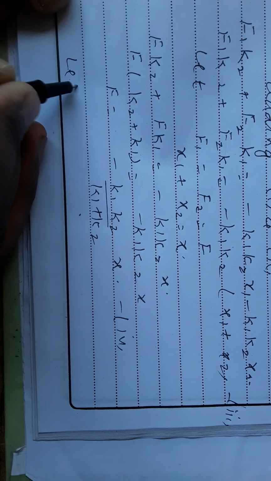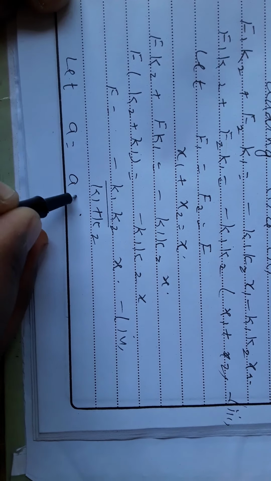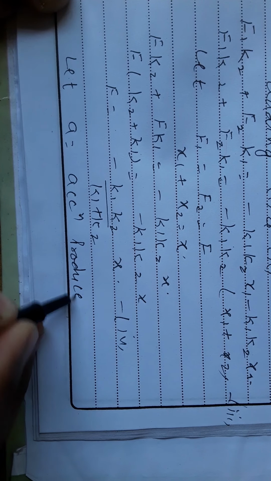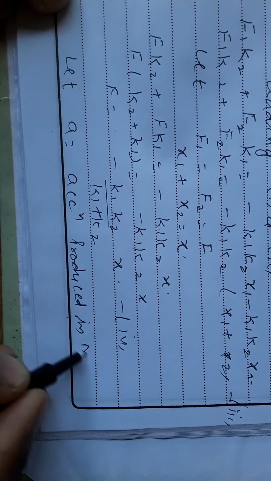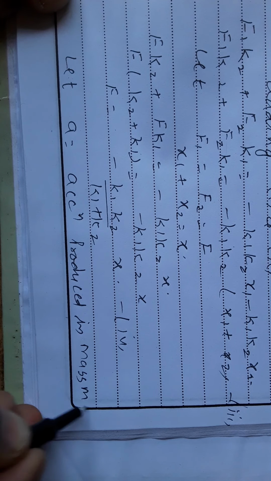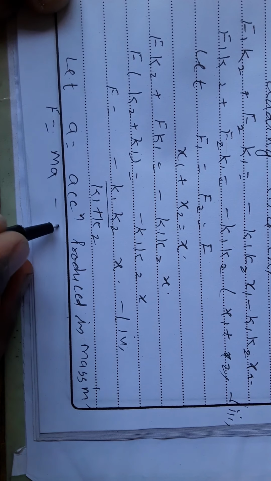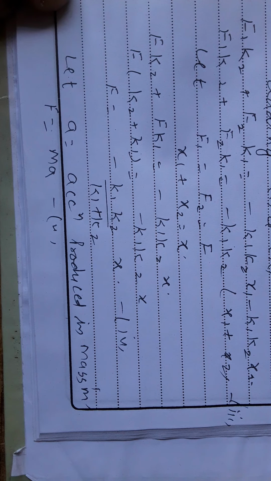Let a be acceleration produced in mass m. So we can write F = ma. Equation number fifth.